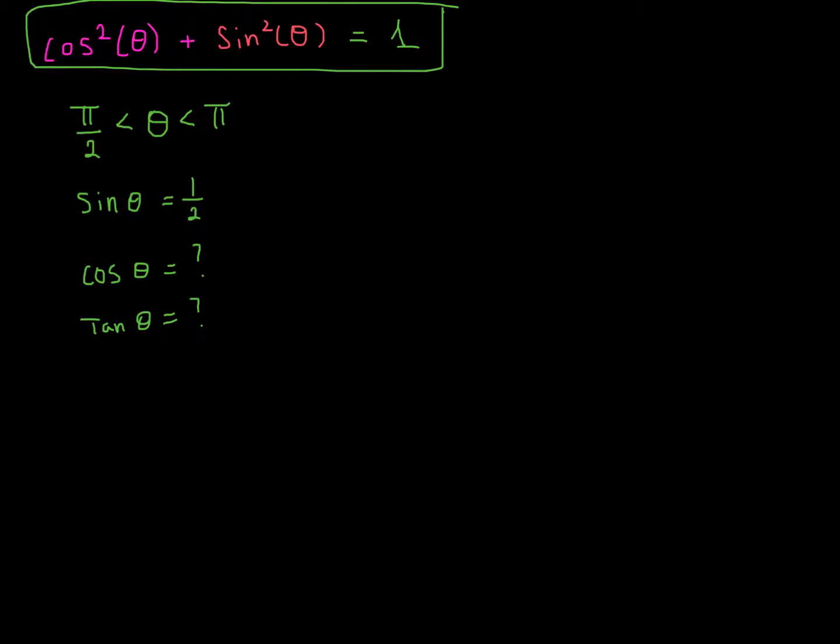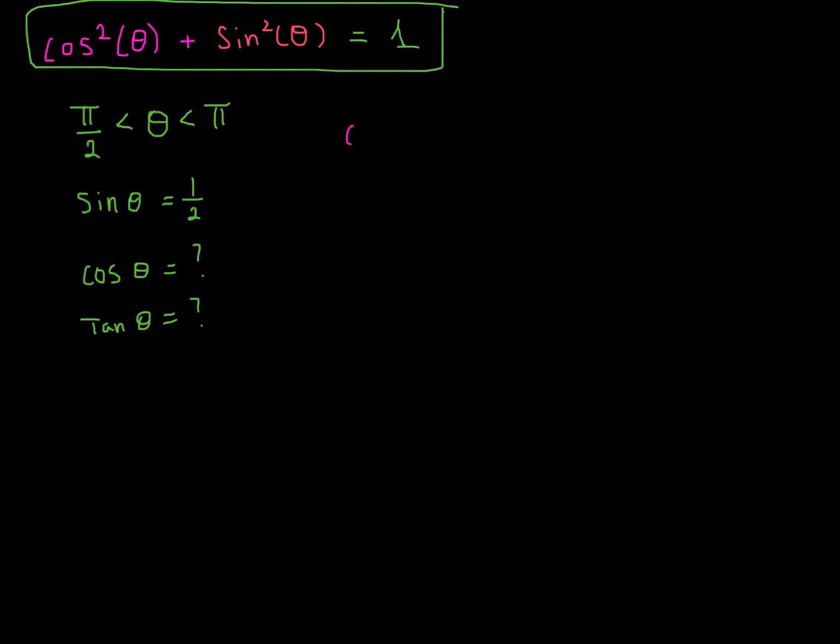Alright, hopefully that went well. What I want you to think about is, okay, well, we know the sine of theta, right? You know it's 1/2, so this sine squared is going to be 1/2 squared. So if I utilize this Pythagorean identity, I'm going to be able to solve for this pretty quickly. So remember, we're looking for the cosine of theta, so let's just start with what we know.